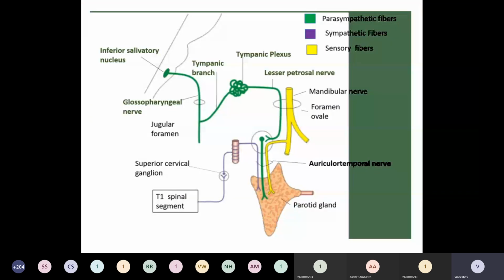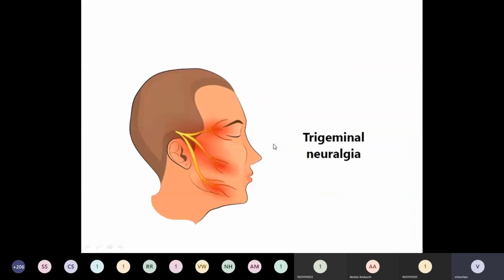So the parasympathetic root, you can write like this: pathway from the inferior salivatory nucleus, glossopharyngeal, then tympanic branch, tympanic plexus, then lesser petrosal nerve, relay in the otic ganglion. From the otic ganglion, postganglionic fibers supply the parotid gland. Sympathetic by the plexus surrounding the middle meningeal artery, without relay through the otic ganglion, supplies the parotid gland. Then sensory through the auriculotemporal nerve. Okay, so this is about the otic ganglion.